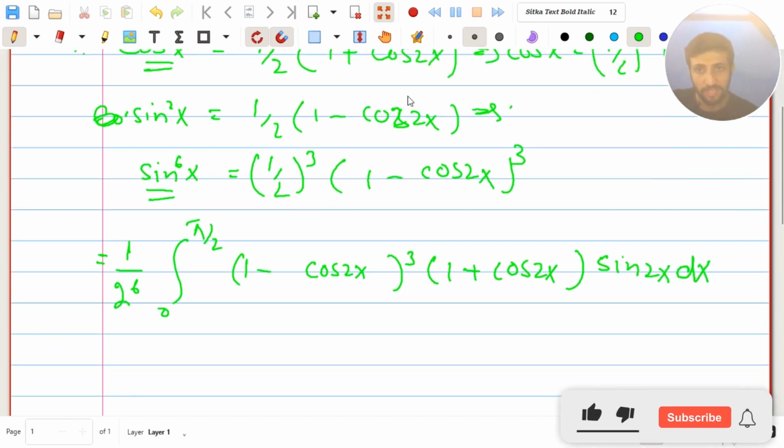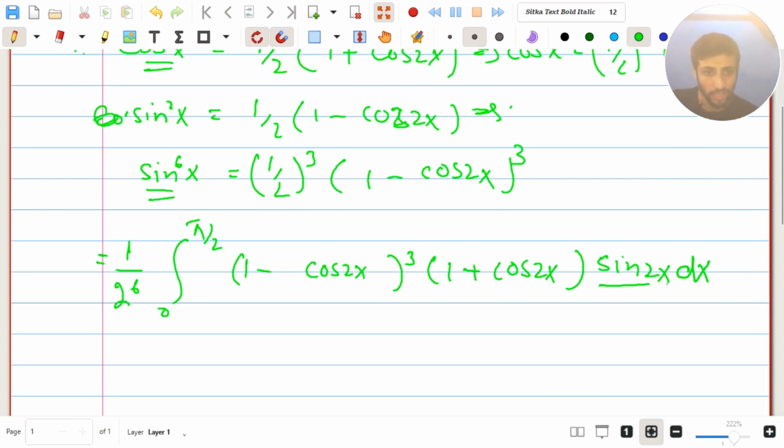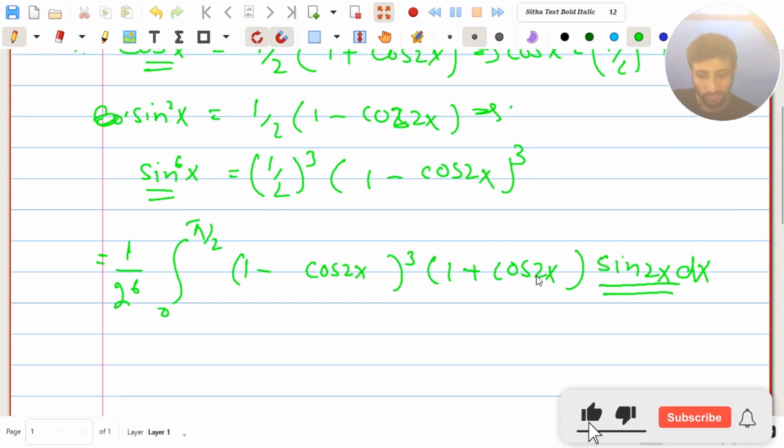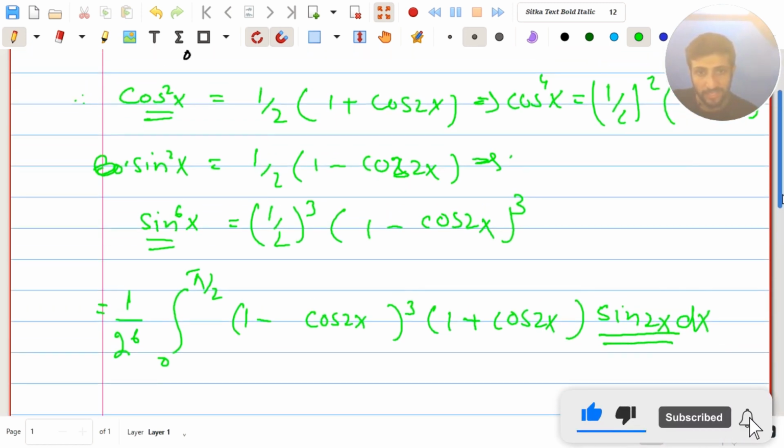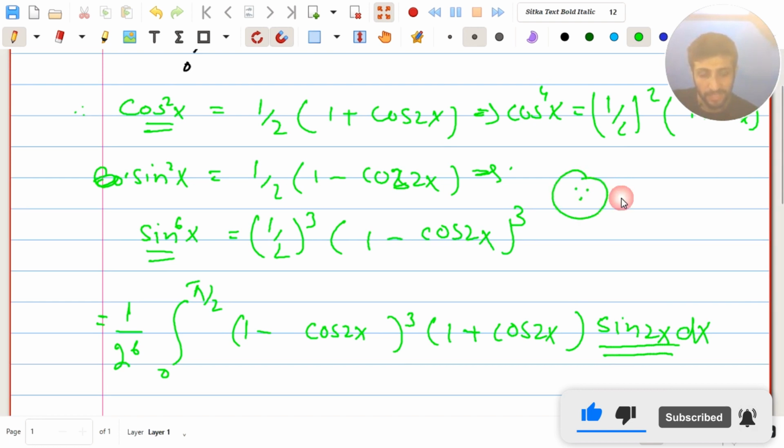Now see where this sin 2x dx comes from. We have a very nice identity, that is sin x times cos x equals 1 over 2 times sin 2x.